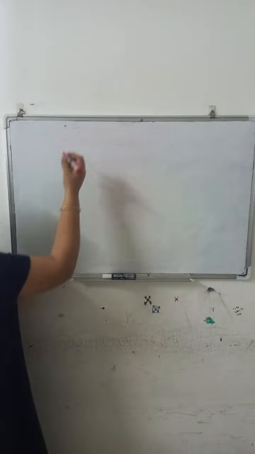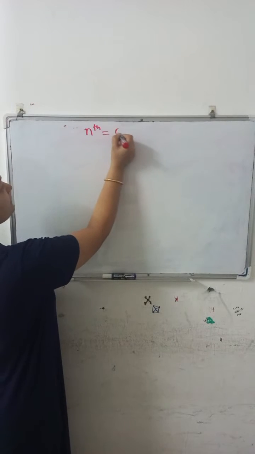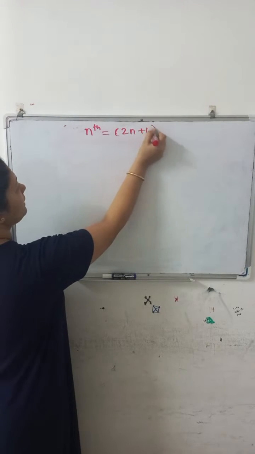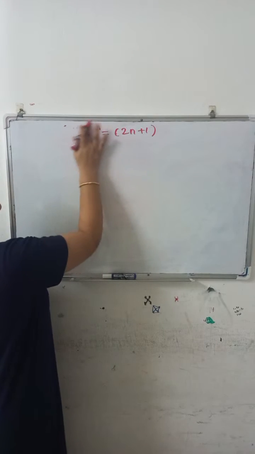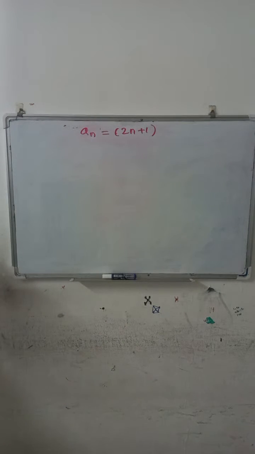Here see, the nth term is given as 2n plus 1. The nth term of an AP is 2n plus 1. What is the sum of the first three terms?